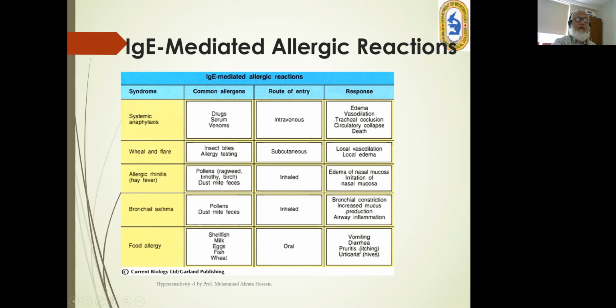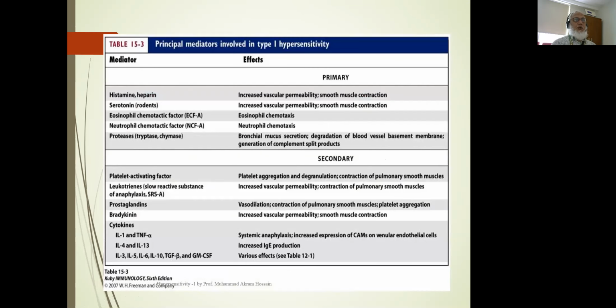Food allergy is manifested by vomiting, diarrhea, etc. Bronchial asthma is manifested by bronchial constriction, allergic rhinitis by edema of nasal mucosa, wheal and flare by local vasodilatation, and systemic anaphylaxis by systemic manifestation. So, primary and secondary mediators: histamine, serotonin, eosinophil chemoattractive factor, neutrophil chemoattractive factor, protease, all these are primary mediators.